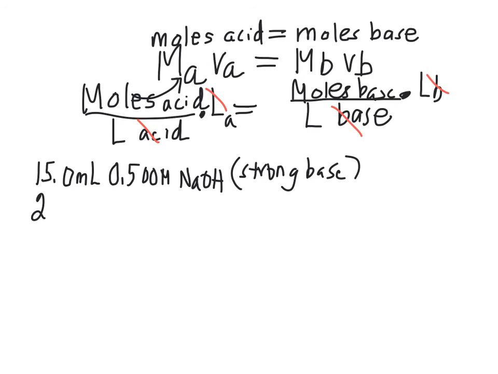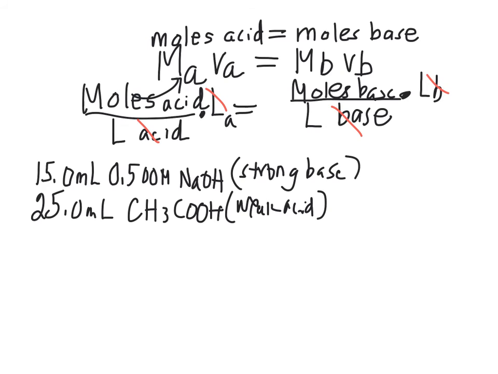We are titrating 25.0 mL of acetic acid. Acetic acid is a weak acid. And we do not know the concentration, so concentration of acid is the unknown.